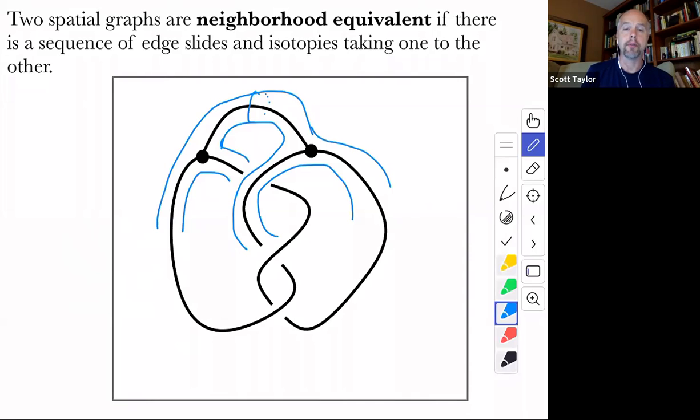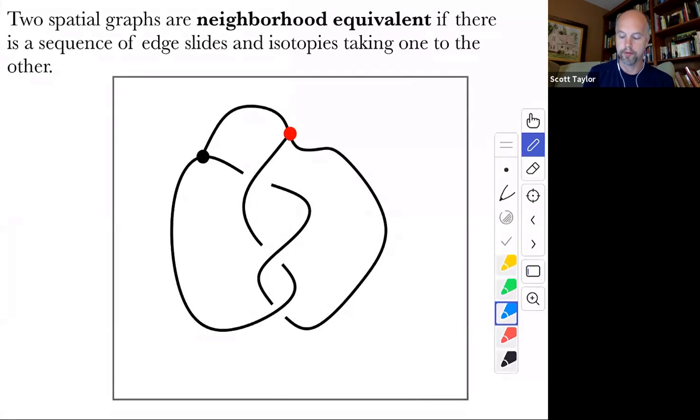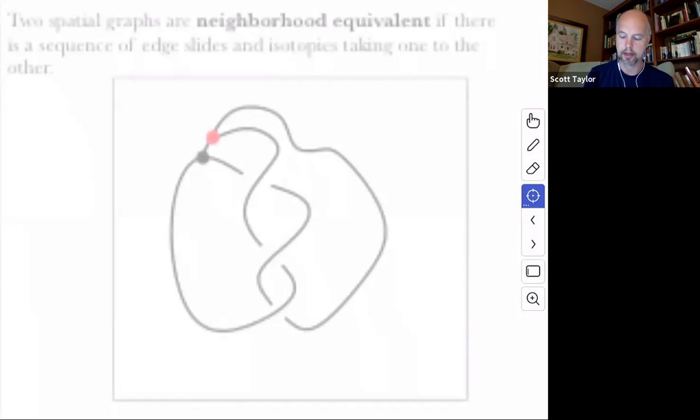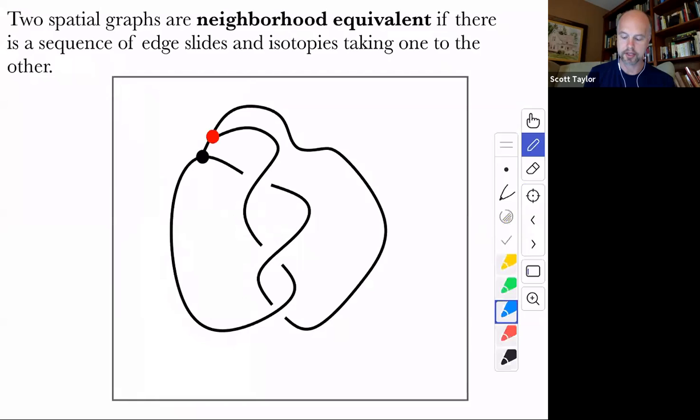All right, so I'm going to show you this animation. It's just a sequence of PDF slides, so it's a little clunky, but it should give you the idea. I'm going to start by moving the red vertex here, and I move it along. So far, this can be described as just an ambient isotopy of the theta graph where we are shrinking that edge.